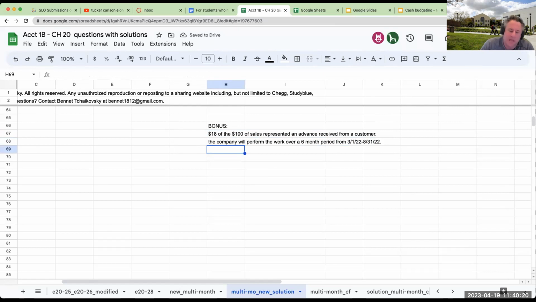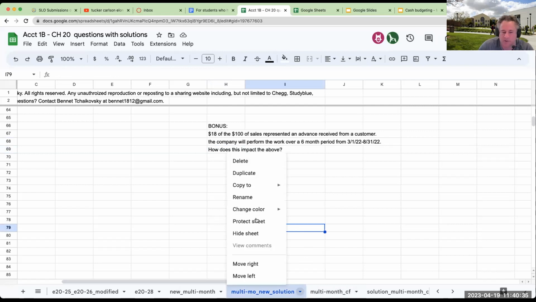Now, how does this change impact the above? I'm going to include this in the question, and then we'll see how things change.